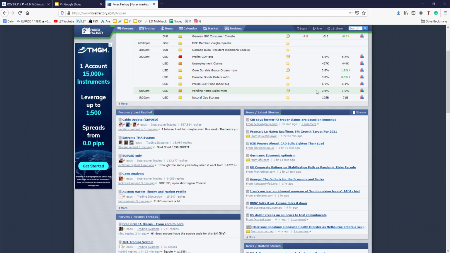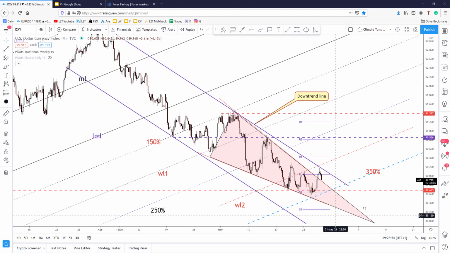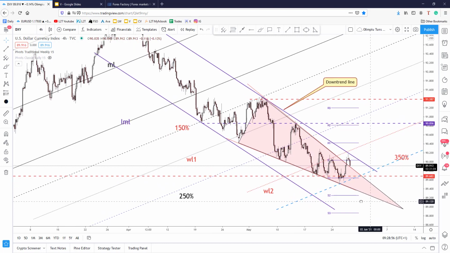This indicator is expected to increase by 0.6%, below 1.9% in the former reading period. So the US is to release high impact data today, and all these economic numbers and figures could shake the markets and could bring high volatility today. So that's why you have to be careful if you want to trade the US dollar pairs.